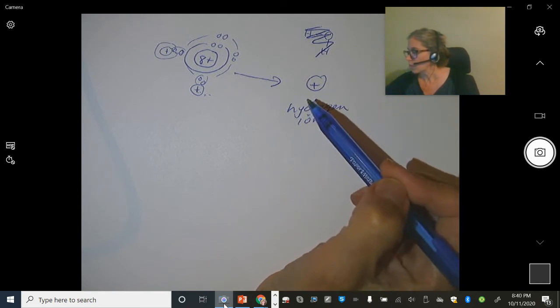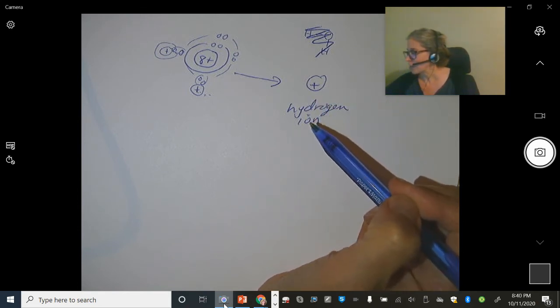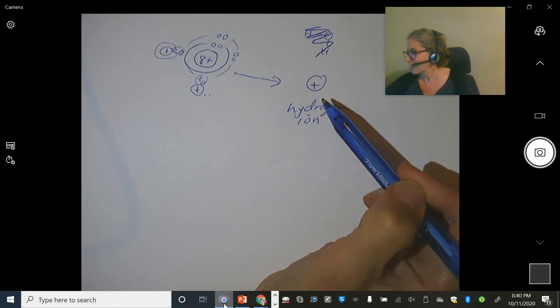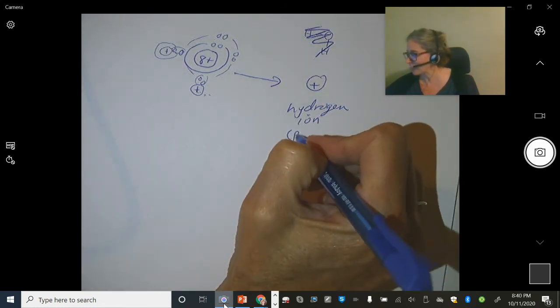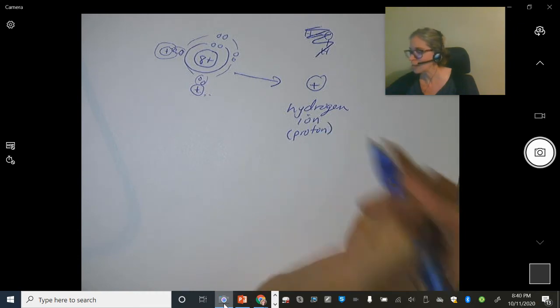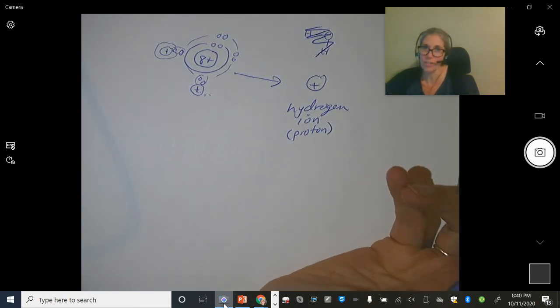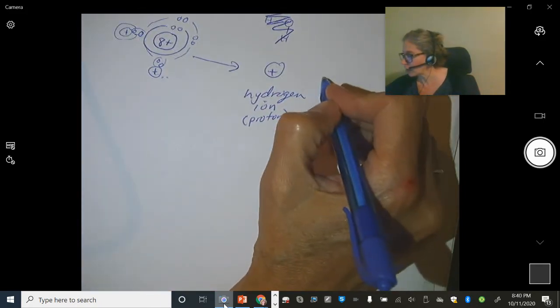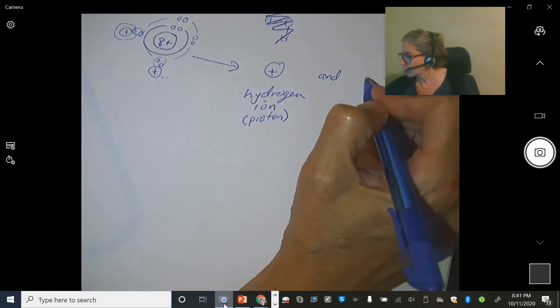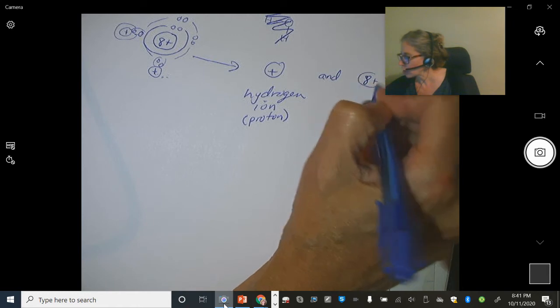So the crazy thing here is it's also just a proton, right? That's all it is here by itself. That's kind of cool, right? Whereas other ions have electrons and protons. But okay, and then I have this part that's left over. I've got 8 protons in my oxygen.